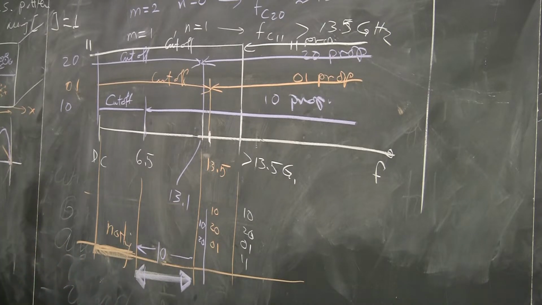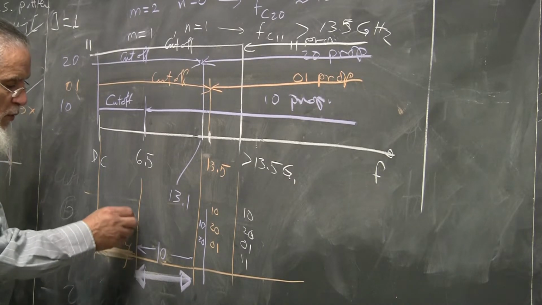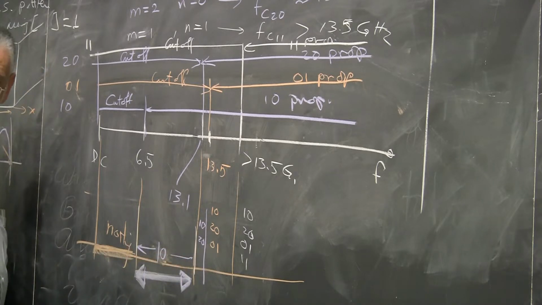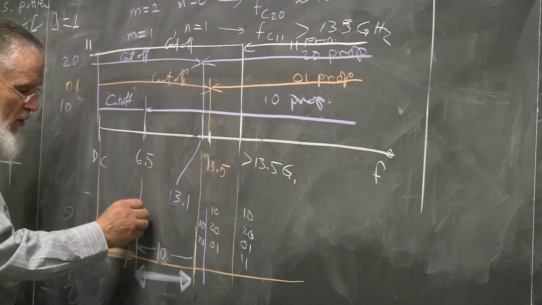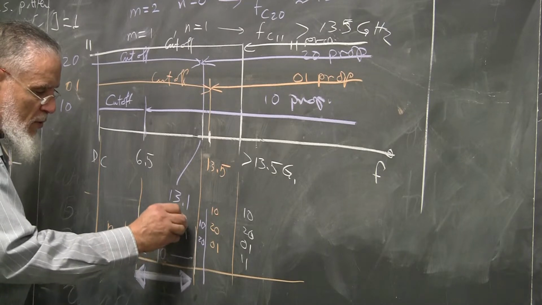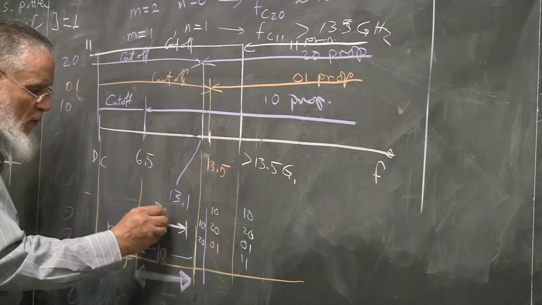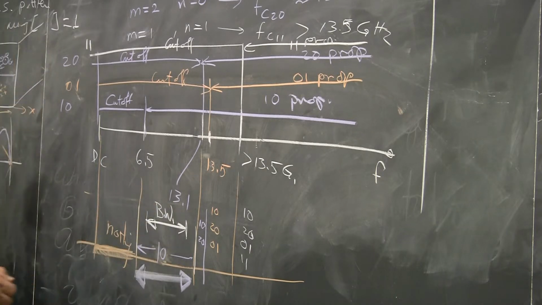In fact, the bandwidth for the waveguide is usually smaller than this because we don't want to operate all the way to the critical frequencies here. We usually try to avoid working close to these, and we choose our bandwidth somewhere in between. We leave a margin on either side.